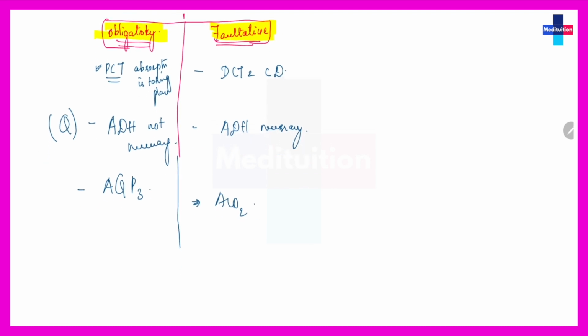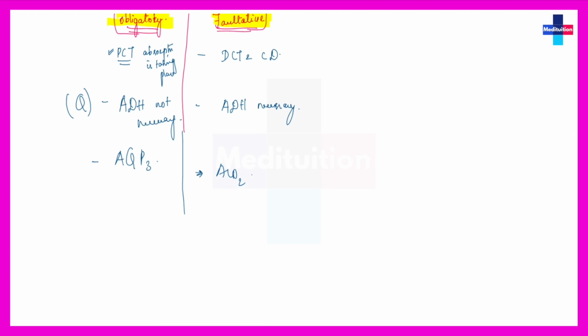If I'm speaking about obligatory absorption, does it have any influence on the tonicity of the urine or the fluid? As such, urine is not formed in our proximal convoluted tubule. So H2O absorption in your PCT will not influence the tonicity of the fluid, please remember.